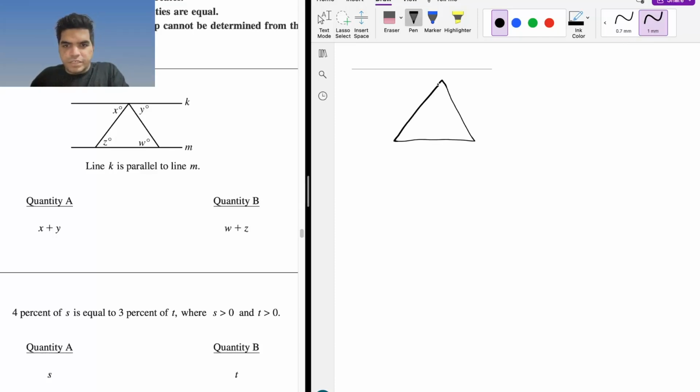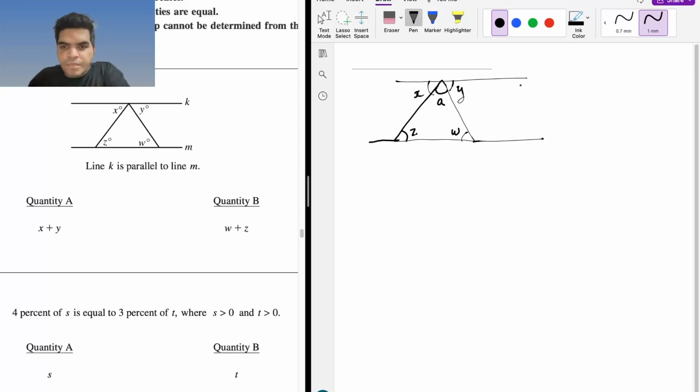This is the triangle here. Okay, so this is X, this is Y, this is Z, this is W, and let's say this is A. We don't need the rest of them.